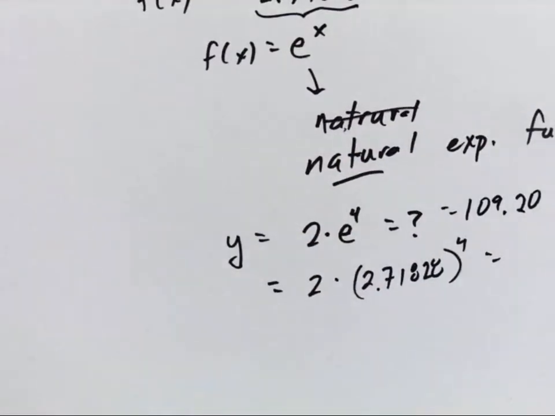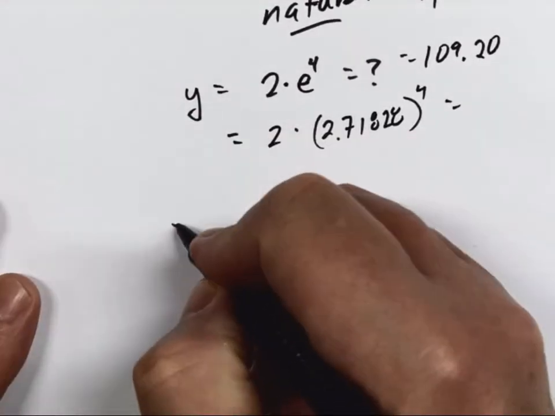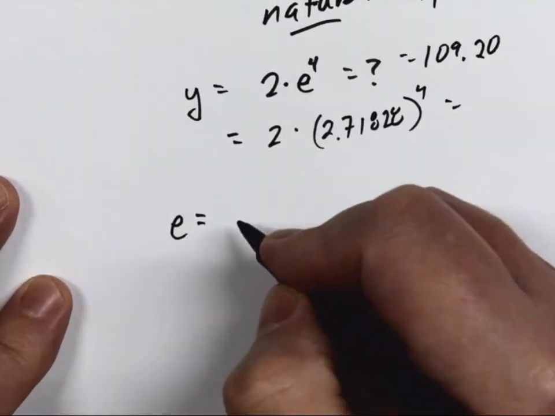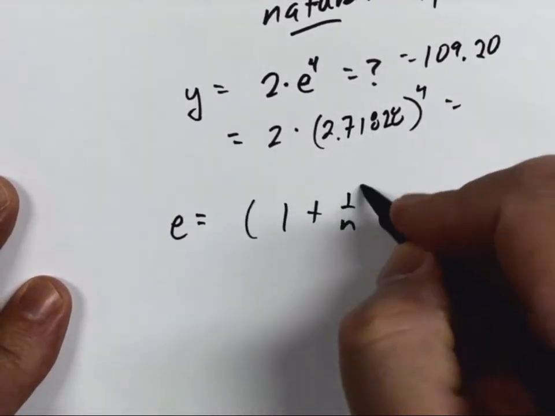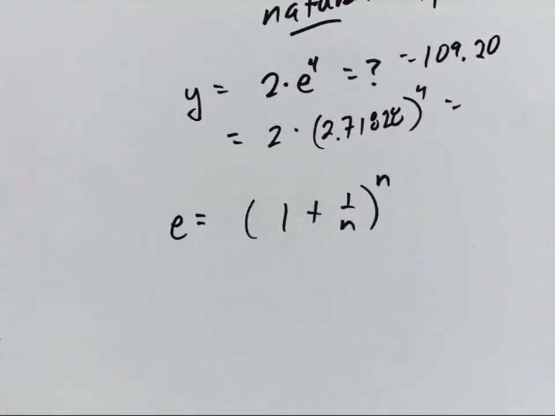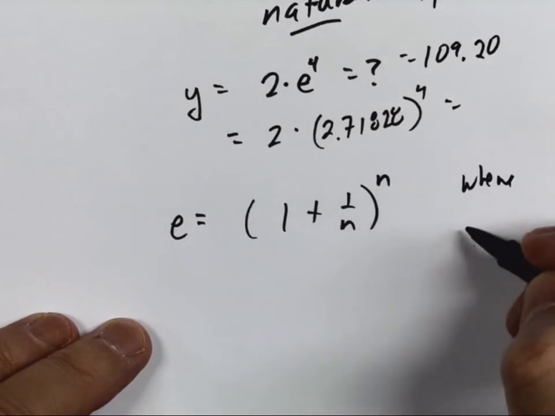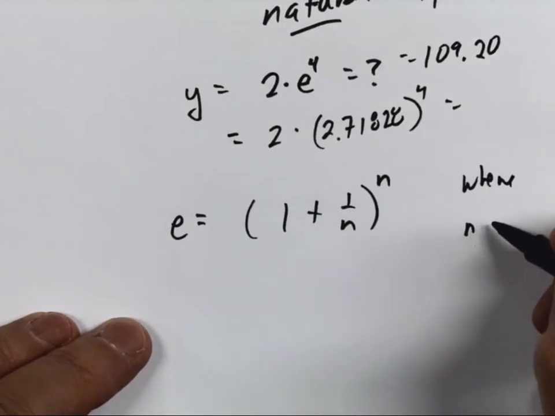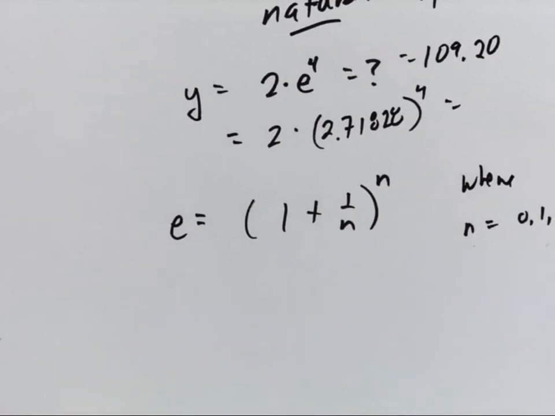And just so you know, for those of you who are interested, the way they came up with e is this little formula, 1 plus 1 over n, to the n, where n is just like you count.